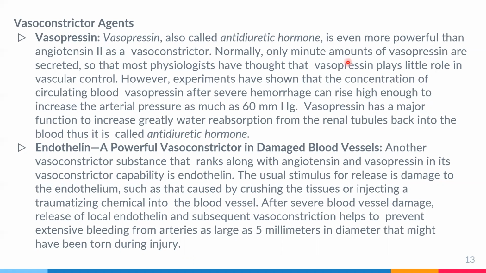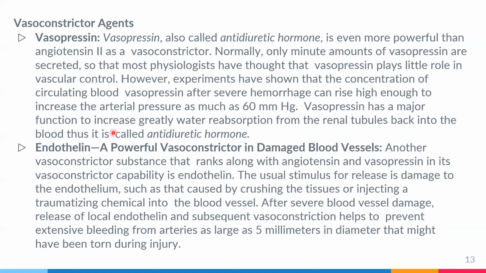Normally, only minute amounts of vasopressin are secreted, so that most physiologists have thought that vasopressin plays little role in vascular control. However, experiments have shown that the concentration of circulating blood vasopressin after severe hemorrhage can rise high enough to increase the arterial pressure as much as 60 millimeters of mercury, which is a huge increase in blood pressure.